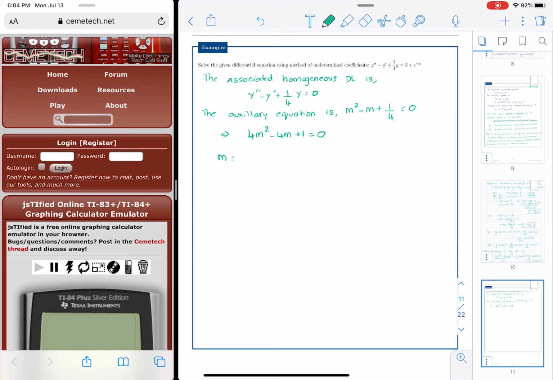So m would be equal to minus b, minus of minus 4, plus or minus the square root of b squared, minus 4 times a times c, divided by 2 times a. The term inside the root is 0, so we have 4 over 2 times 4, which would simply give us 1 over 2.